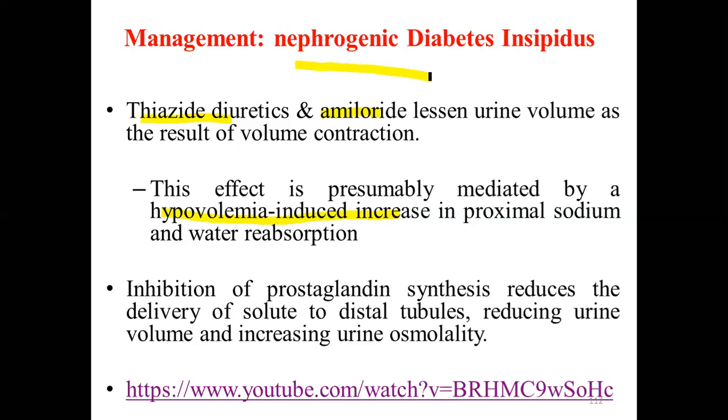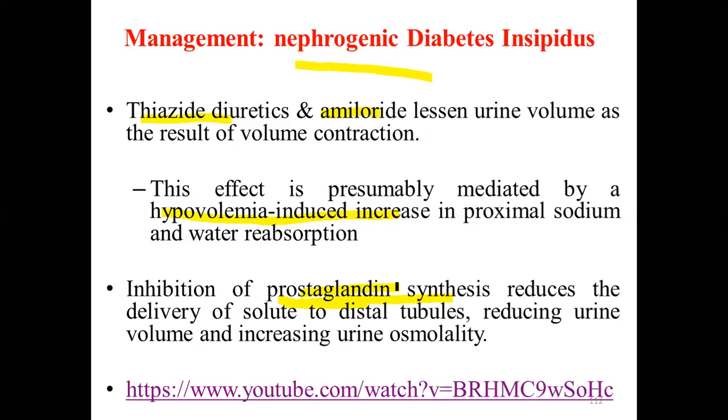Then about the role of NSAIDs, remember non-steroidal anti-inflammatory drugs inhibit prostaglandin synthesis. So the moment you are blocking synthesis of prostaglandin, what will happen? It reduces delivery of solutes to the distal renal tubule. So ultimately, what will happen?